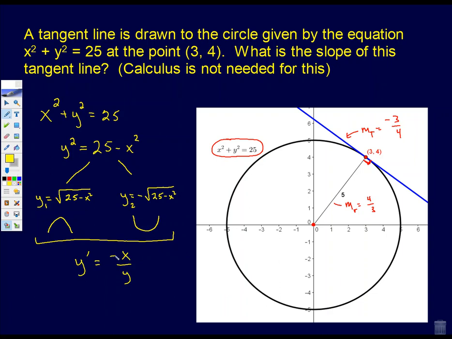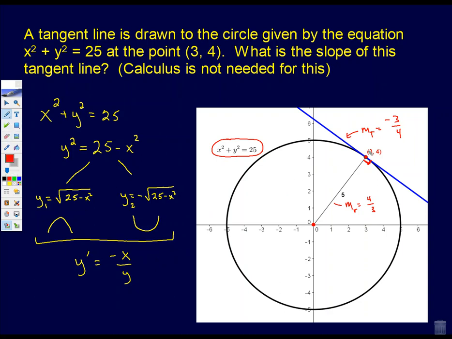So what that means is not only is this the derivative now, but it's the derivative or slope of every point on this circle, not just the upper half, not just the lower half, but all the points. So for example, if I wanted the slope that I found in the warm-up problem, the ordered pair was 3, 4. I can easily tell that would be right because the derivative was negative x over y. The x was 3 and the y was 4, so the slope would be negative 3 over 4.